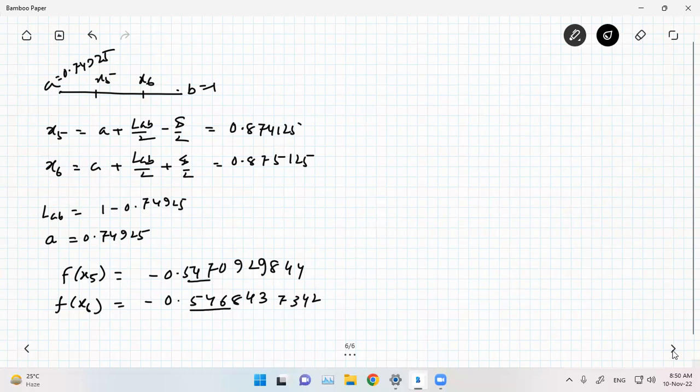So definitely you can see that in this case, your f(x5) is smaller than f(x6).